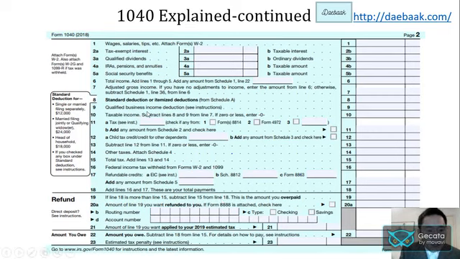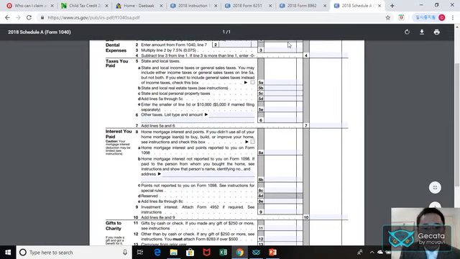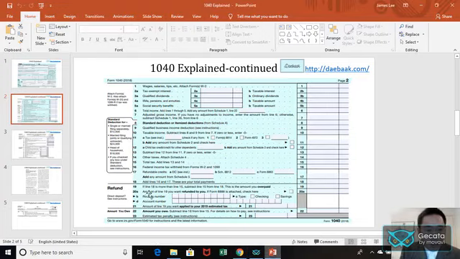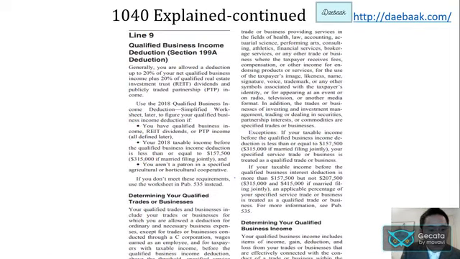Qualified business income: if you have any business income, you can deduct up to 20% of your business income. Generally, you're allowed a deduction up to 20% of your net qualified business income plus 20% of qualified real estate investment trust dividends or publicly traded partnership income.